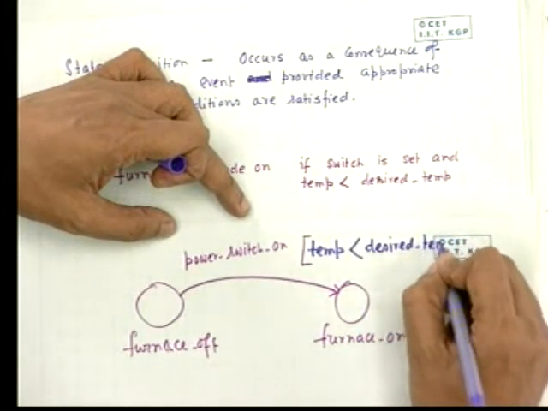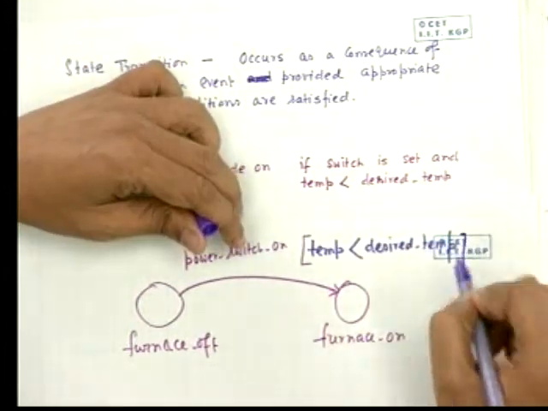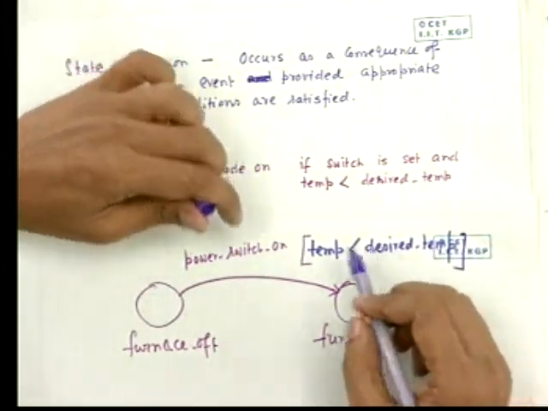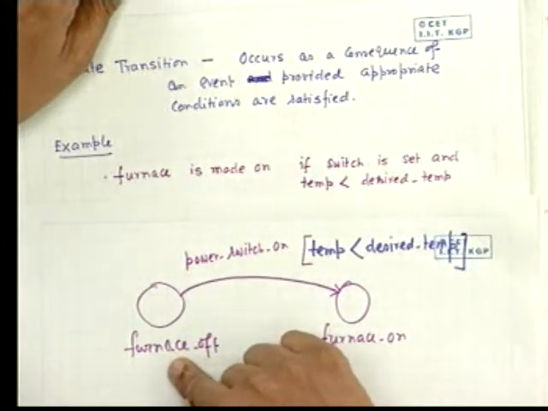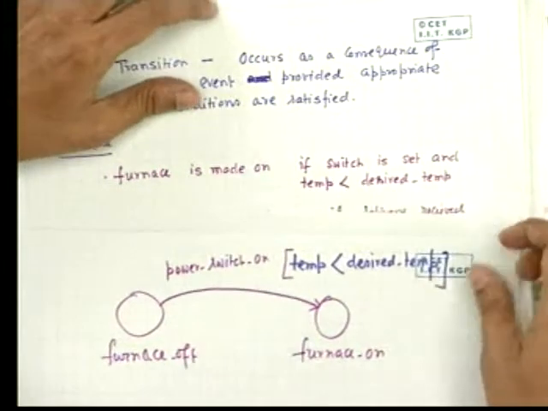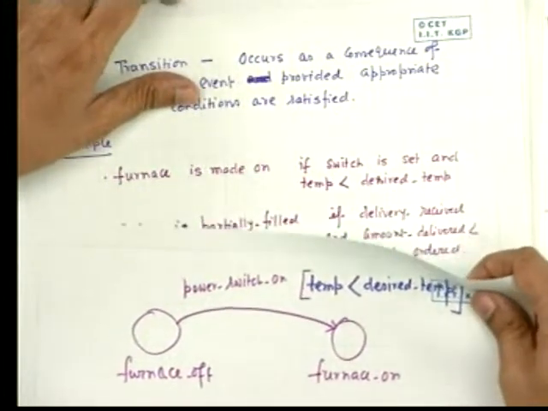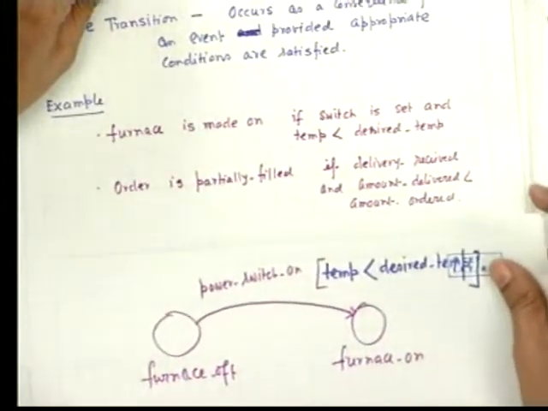Suppose the desired temperature is 200 degrees, and your current temperature inside the furnace is 100. Then when the power switch is on, the furnace, which was initially off, will be turned on. This is another example of a state transition, like the partially filled order we have just seen.